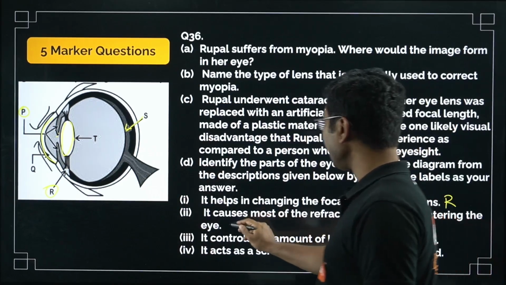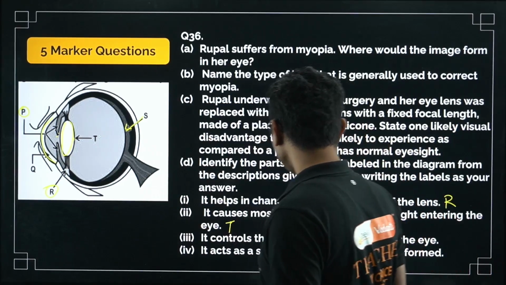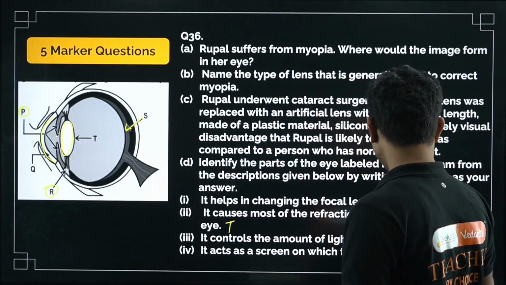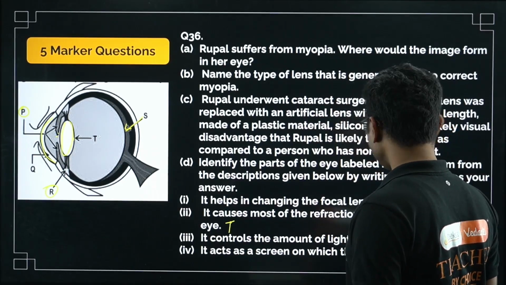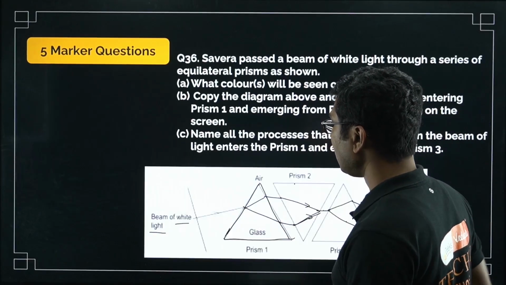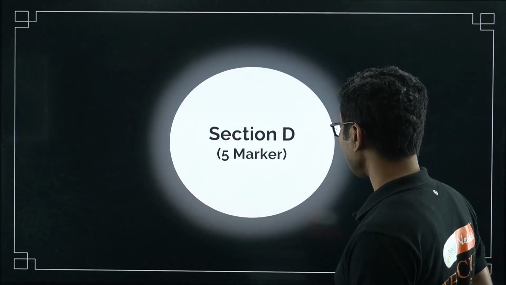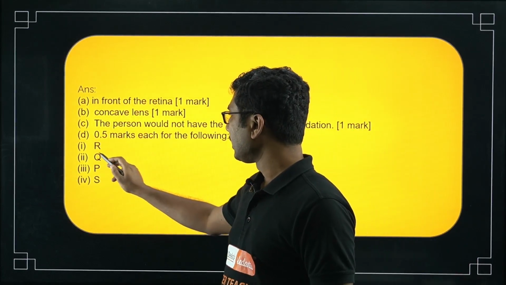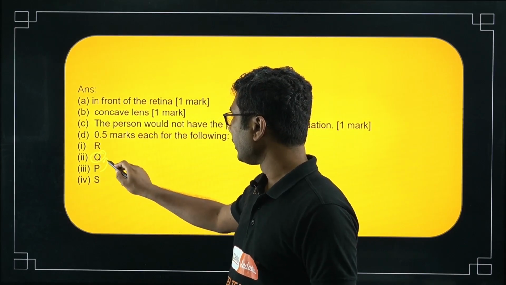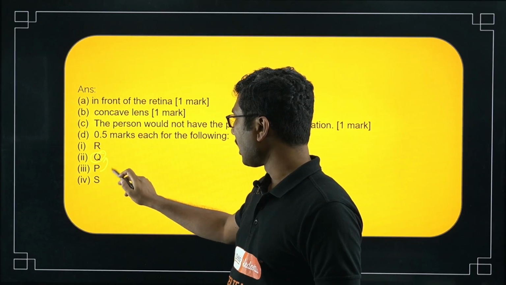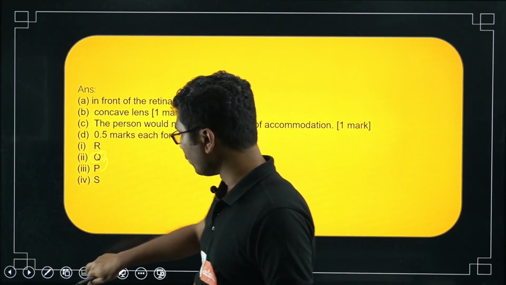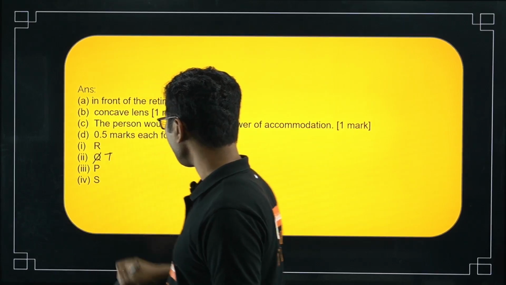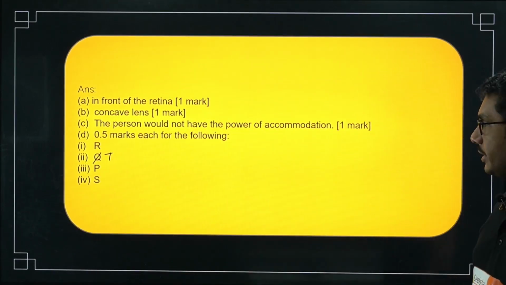So in my opinion, it will be RT PS. There is a slight mistake in the model answer. It will not be Q. P will go here and RT, sorry, no, it will be Q T. Okay, RT PS, that should be the answer.